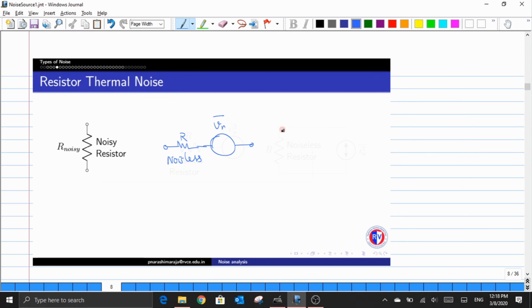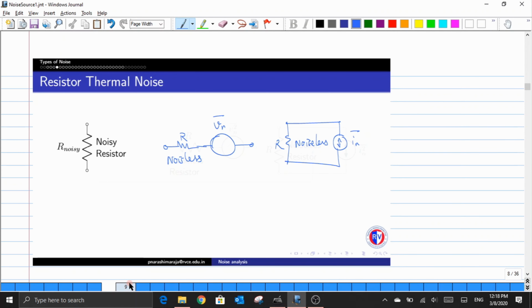Or one can have one more circuit representation for this noisy resistor as a noiseless resistor in parallel with a noisy current source. Again, what we are representing here is an RMS value of the noise current component. So there are two equivalent representations for this noisy resistor.